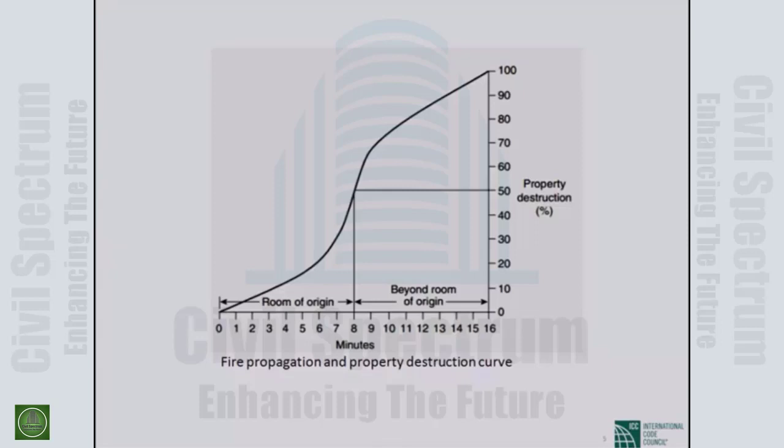The first thing is that our fire is a normal fire. It will propagate within 2 to 16 minutes within the building. After 8 minutes, it will cross the boundary and cause this destruction. With this assumption, we design our building for life safety issues and property safety issues.